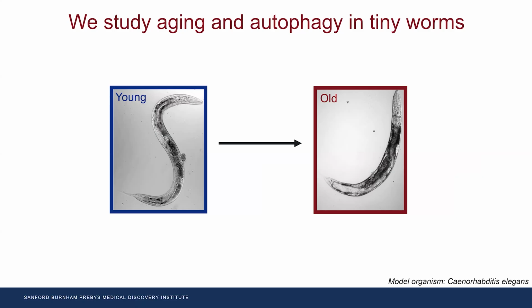In young worms, these worms move perfectly and they look just like you see here on this picture. But when they're old, they become a little bit more sluggish, they become a little bit wider around their middle, and they get more wrinkly. And this is how we can study these aging processes.